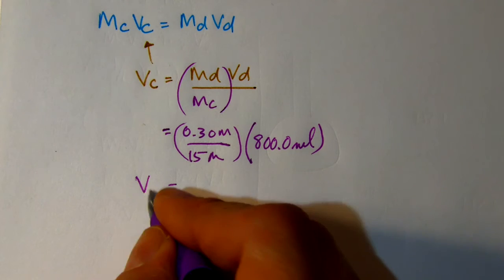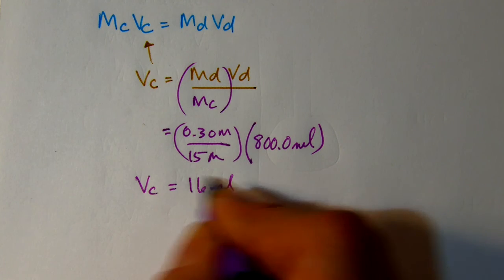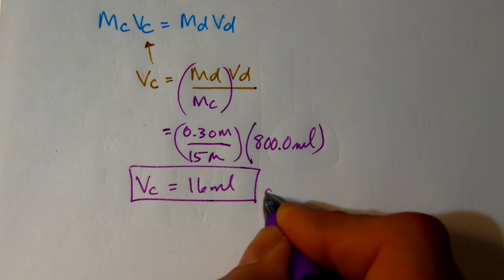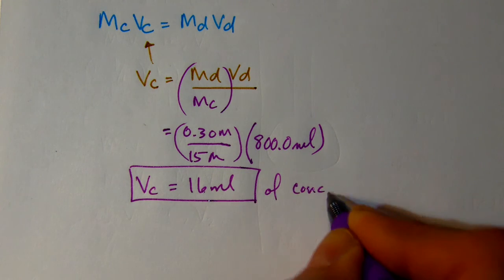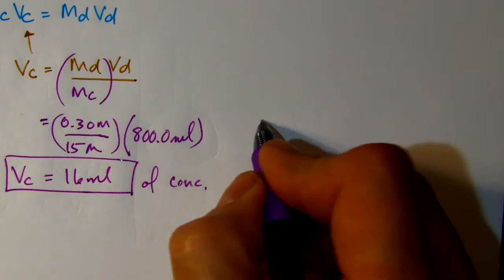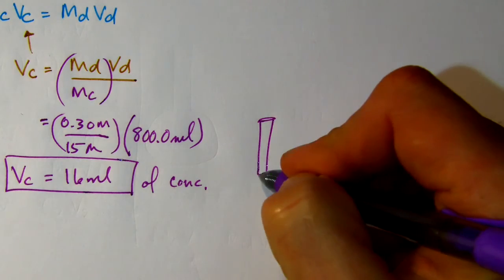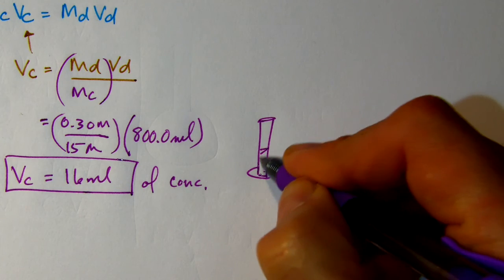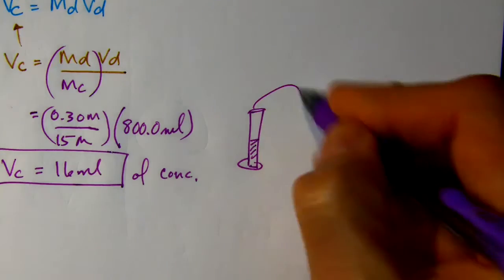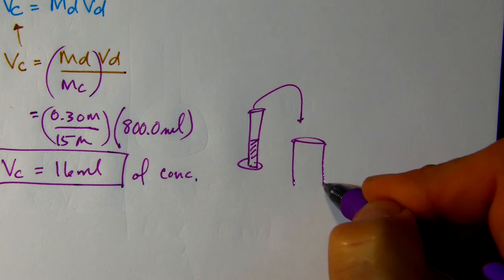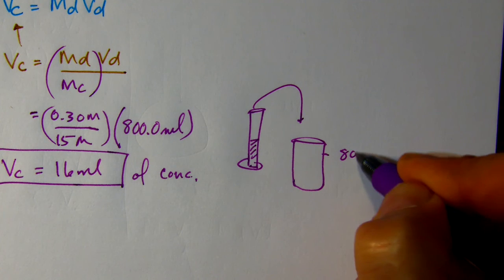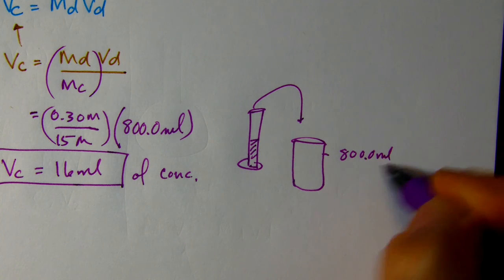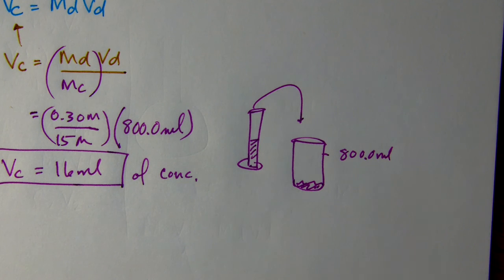So what does that mean? The concentrate. You need 16 mLs of the bad stuff. And then you take the 16 mLs, measured carefully, of course. There's your 16 mLs. Pour it into a beaker or whatever. You know 800 is here. Actually, it's not quite like that.